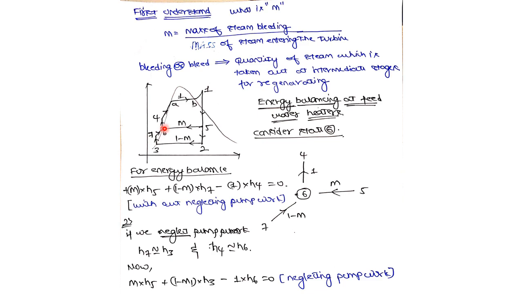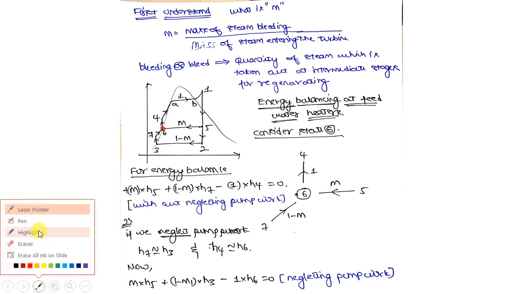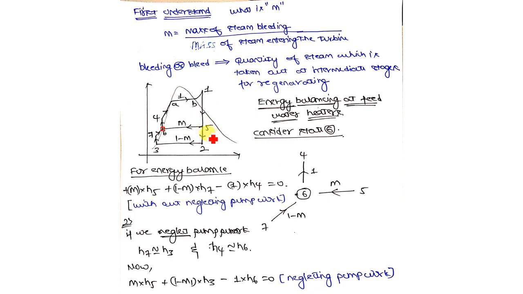How do you do that? You have to multiply the mass flow rate with the enthalpy of the connected states. Once again I am repeating it, you have to multiply the mass flow rates into the enthalpy of the connected states. There is a sign convention here. From state 5, the stream is incoming, so it is taken as positive.